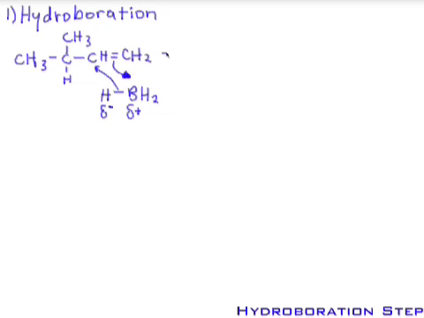And so what happens is you get an alkylborane. The H goes on the carbon, and the boron is on the CH2.